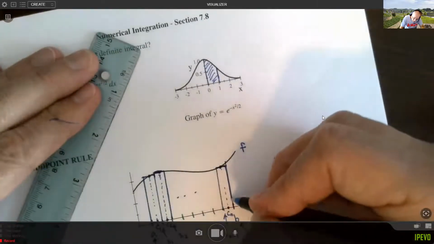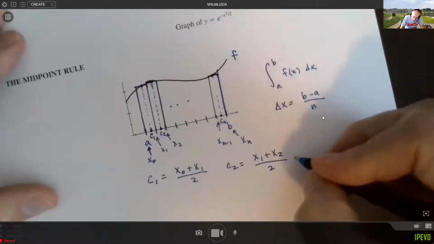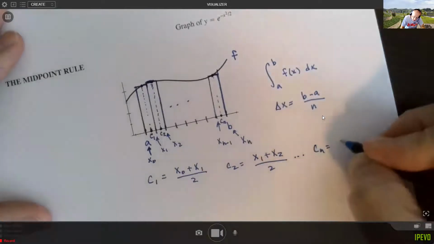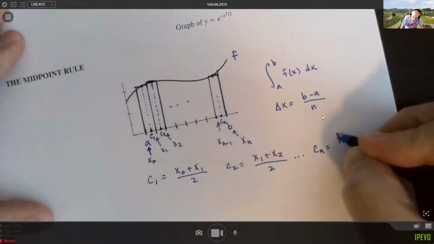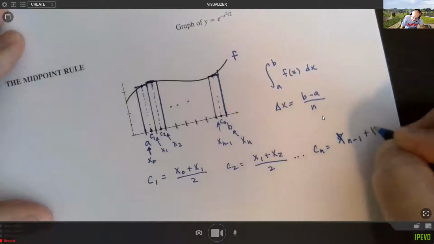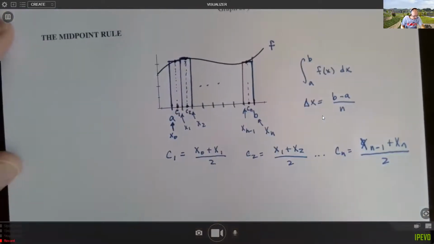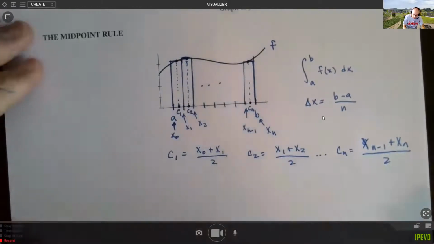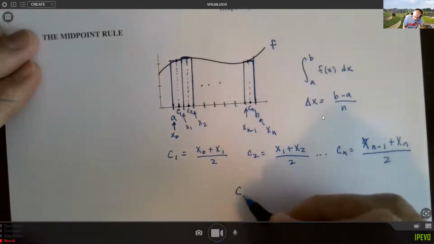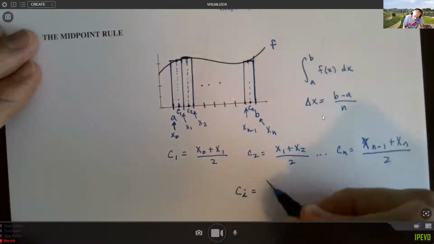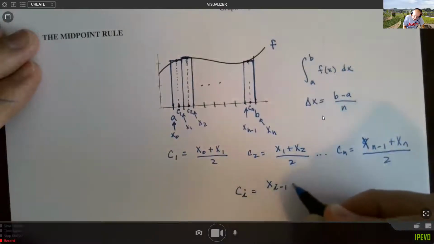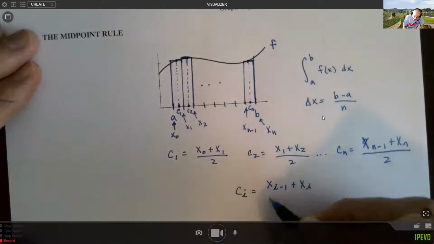And notice, going all the way down, c sub n would be x sub n minus 1 plus x sub n over 2. So basically you see the general formula for the c sub i's. They are equal to x sub i minus 1 plus x sub i over 2.